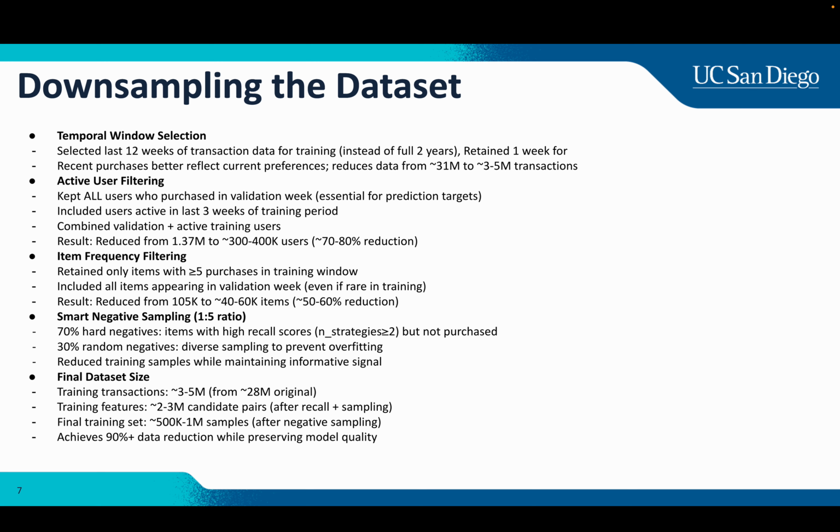After doing all this filtering, the final dataset size boiled down to around 3 to 5 million transactions, with training data set around 2 to 3 million candidate pairs, and the final training data set around 500,000 to 1 million samples.